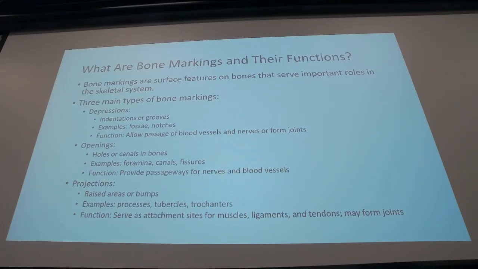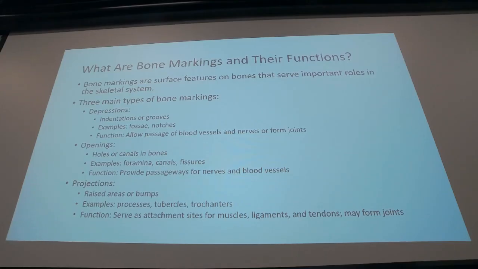Projections. This is the third type of marking. These are raised areas or bumps within the bones. They allow for connection to other bones to form joints, but as well, tendons can insert there, so you can have muscular insertion. As well, you can have attachment of ligaments. So they serve as a point of attachment, or they help to form joints.